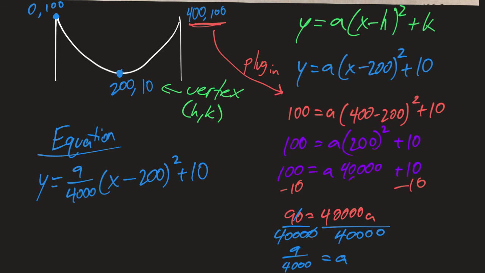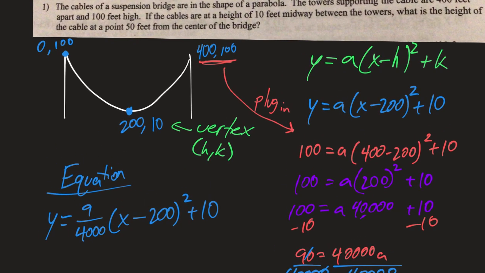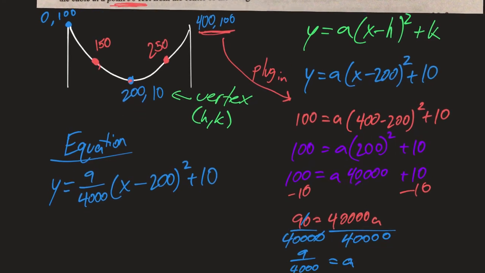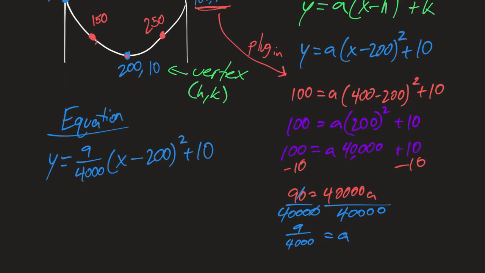The question asked us, can we find a point 50 feet from the center of the bridge? So the center's at 200 over here. How about a point at 250, or we could go backwards and take a point at 150. Either way you want, right? Either of those numbers for x will work. And just plugging a number in here, I'll just plug in 250 and see what we get.